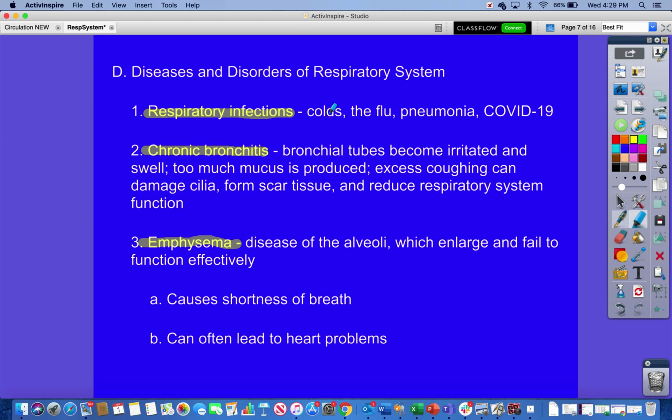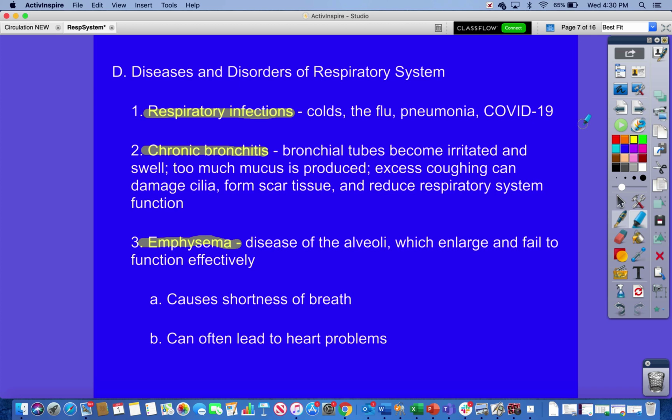They can be inflamed, and they can accrue different liquids and cause you to just not be comfortable. Things like colds, the flu, pneumonia, and then of course right now the big talk is COVID-19 and coronavirus that can infect your lungs and make it difficult to breathe, causing you to cough. And just overall, like I said, be uncomfortable.